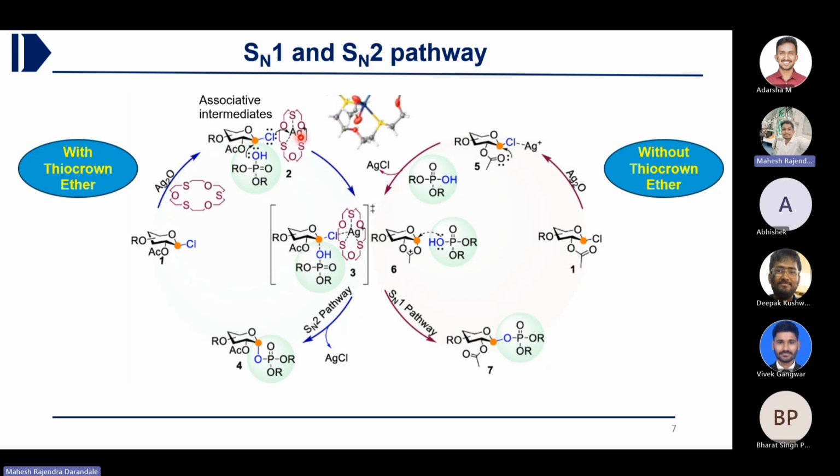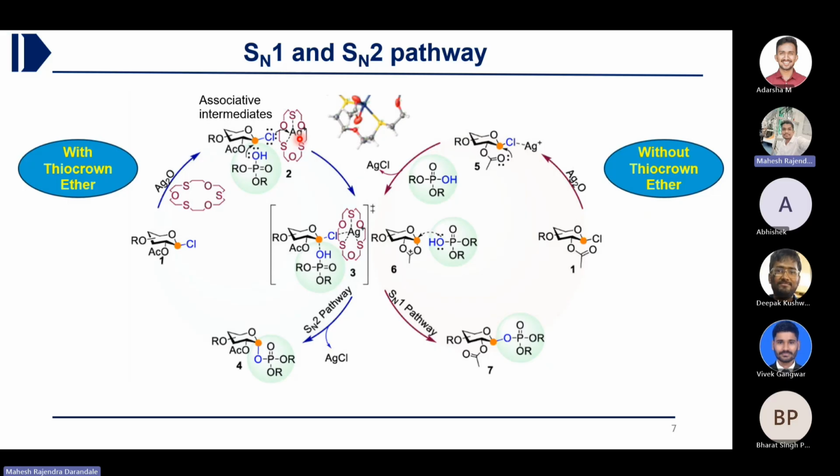Now the silver strength is reduced because silver is not coordinating only with the chlorine, but can coordinate with the thioether also. So there is less chance for the chlorine to be removed. There is simultaneous breaking of the chlorine bond and addition of the acceptor, because now not as much strength is available for this silver salt.